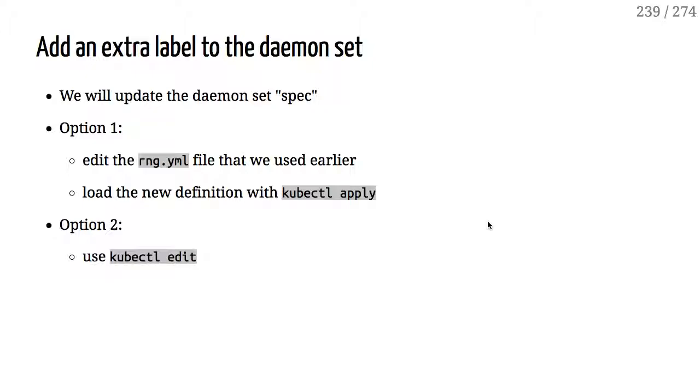So before doing that, I need to change the definition of the daemon set to say, I want you to add a label is active equal yes to all the pods that you create. And then the load balancer will still be fine because you have is active equal yes, but you also have run equal RNG, so we're fine. So I add that label to the daemon set, then I can add the label to the service.